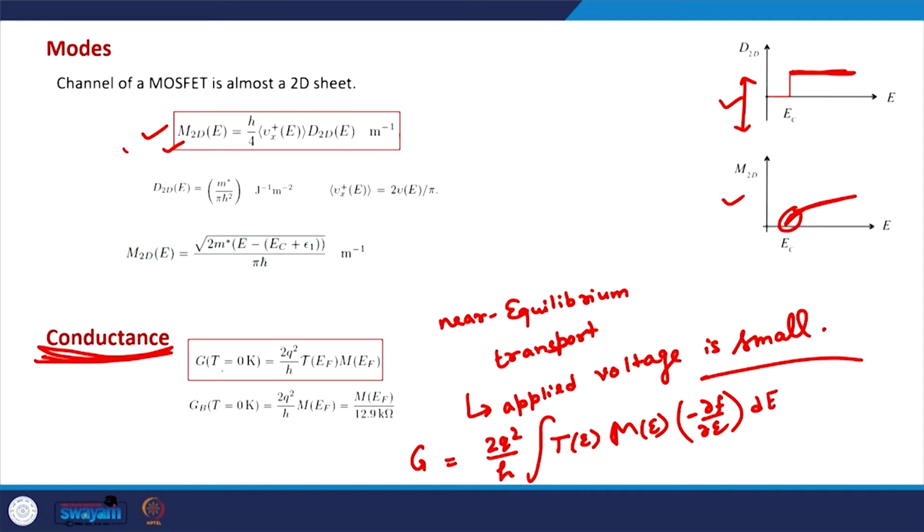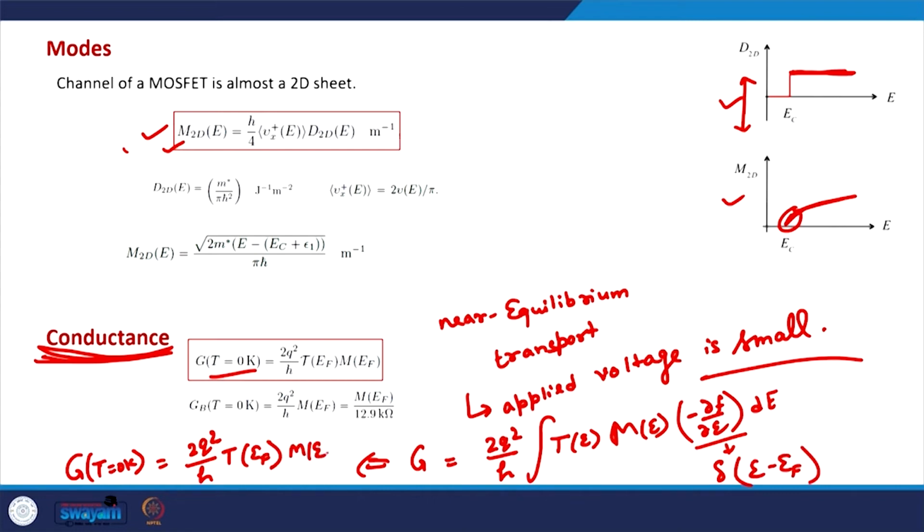And at T equal to 0 Kelvin, this expression assumes a very clean form, because this derivative changes to a delta function, and so the integral vanishes, which means that at T equal to 0 Kelvin, this turns out to be 2q squared by h T(E_F). This is a delta function at the Fermi energy.